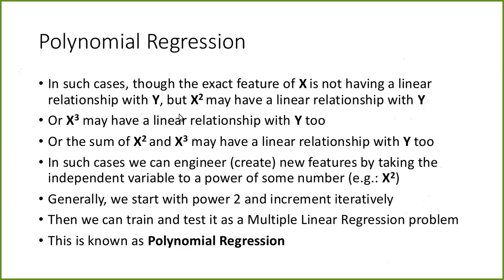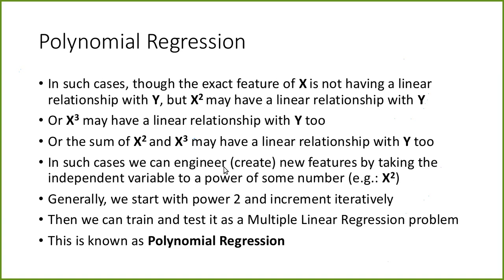And also you can find that even x or x square is not having a linear relationship with y, but you find that x cube is having a linear relationship with y. Or you find that x square plus x cube is having a linear relationship, something like this, right?